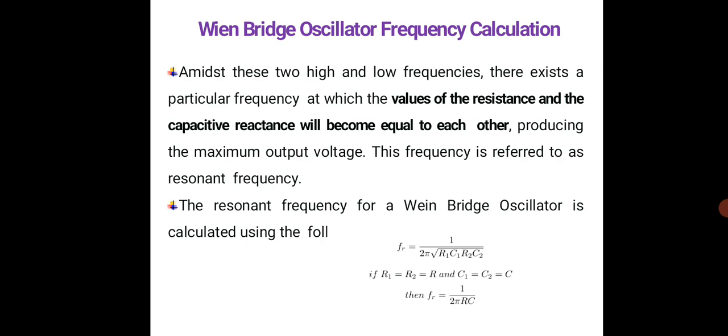R1 and R2 are involved, C1 and C2 are involved, and we denote them as R and C. The resonant frequency is given by 1 by 2 pi square root of R1 R2 C1 C2. With R1 R2 substituted with R and C1 C2 substituted with C, under the square root it becomes R squared C squared, so it obviously becomes 1 by 2 pi RC.